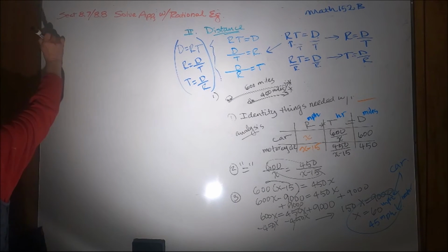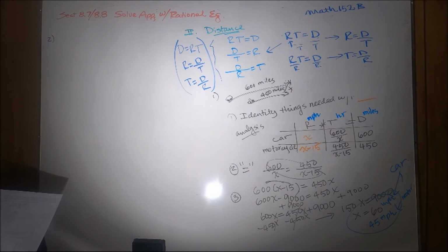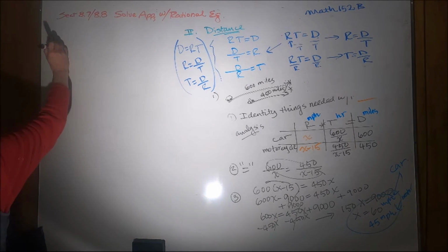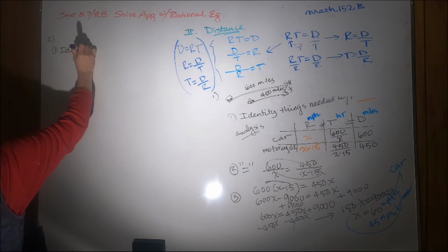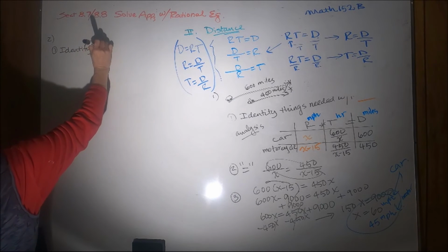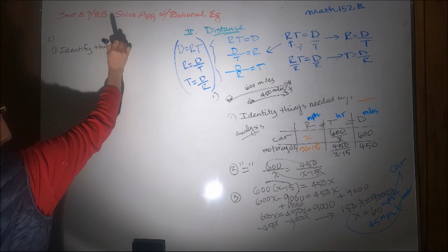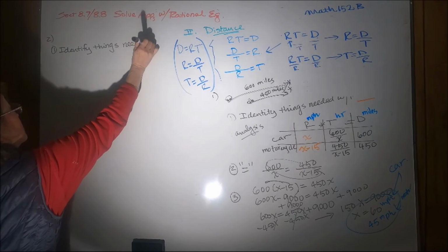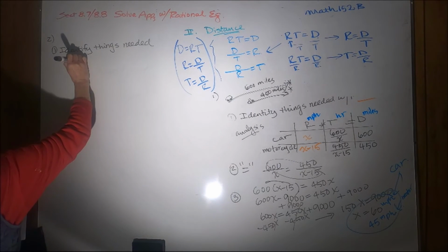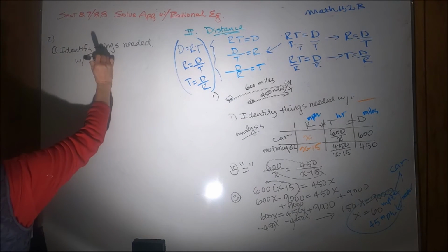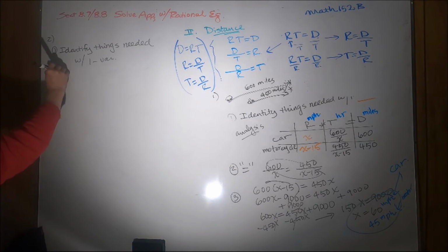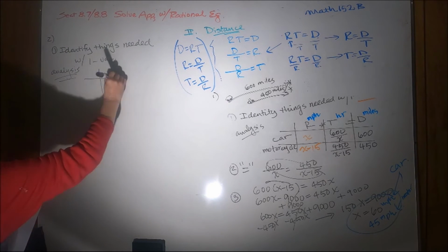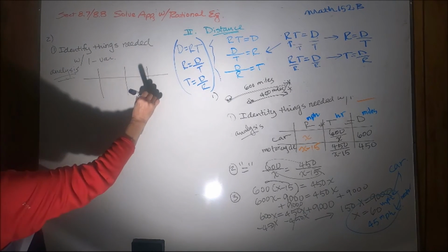So we will do the same thing as this, right? First, we will identify things needed with how many variables? One variable, right? Then we do the analysis table like a spreadsheet. So what's put on the top?